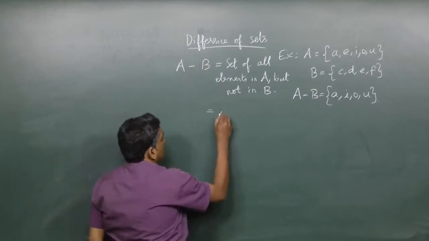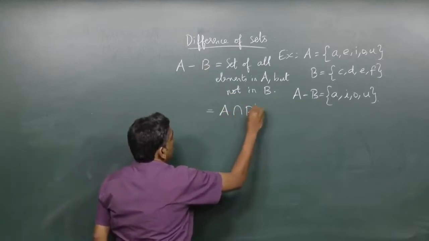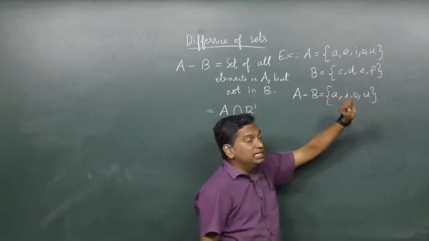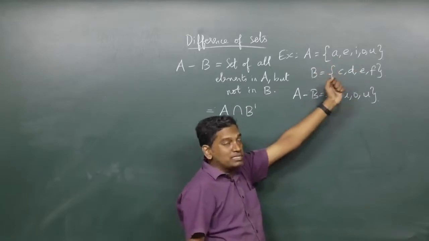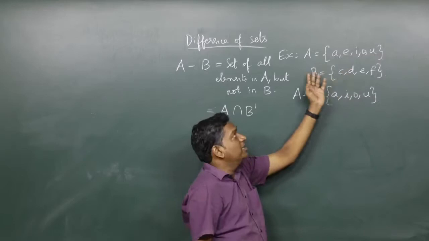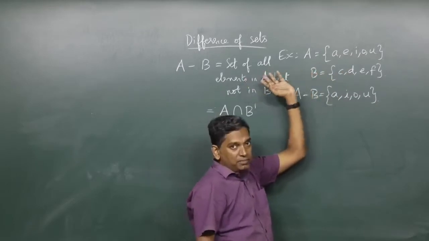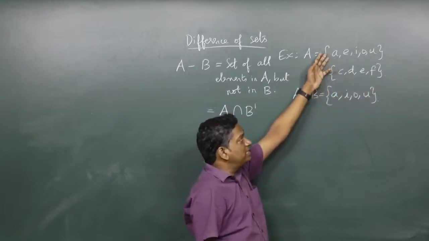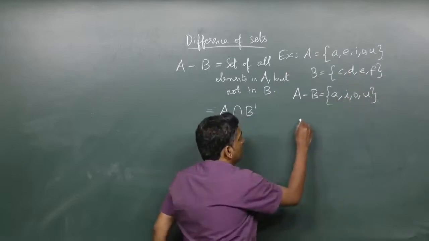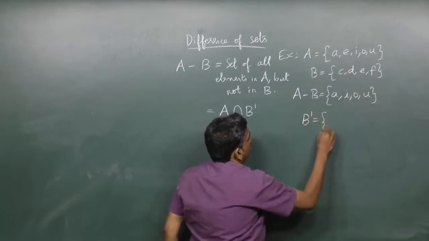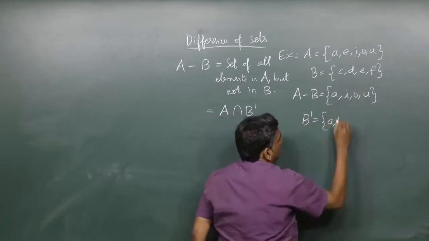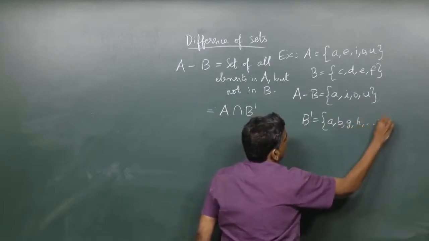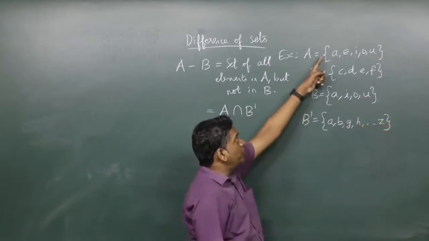Now this can be written as A intersection B bar. Let's see. What would be B bar in this case? For that we need to know the universal set. The universal set in this context could be all the letters in the English alphabet, A, B, C, D, etc. till Z, and B bar will include A, B, C, D, E, F won't be there, then G, H, etc. till Z. Now what is the intersection of A with this?